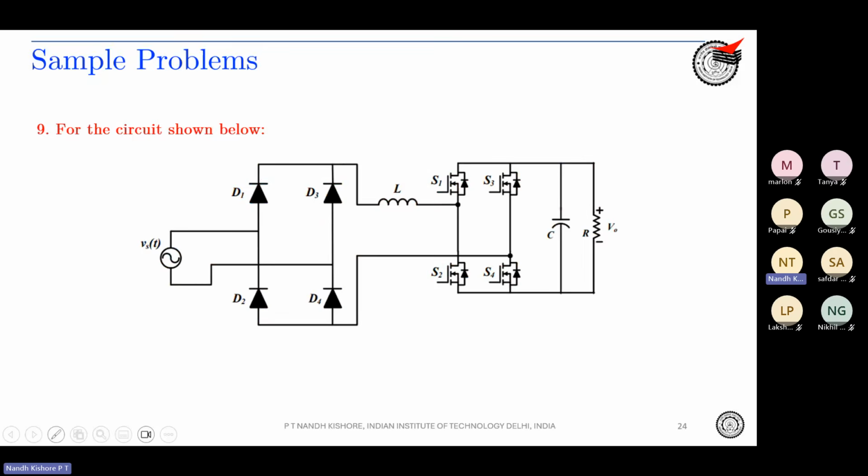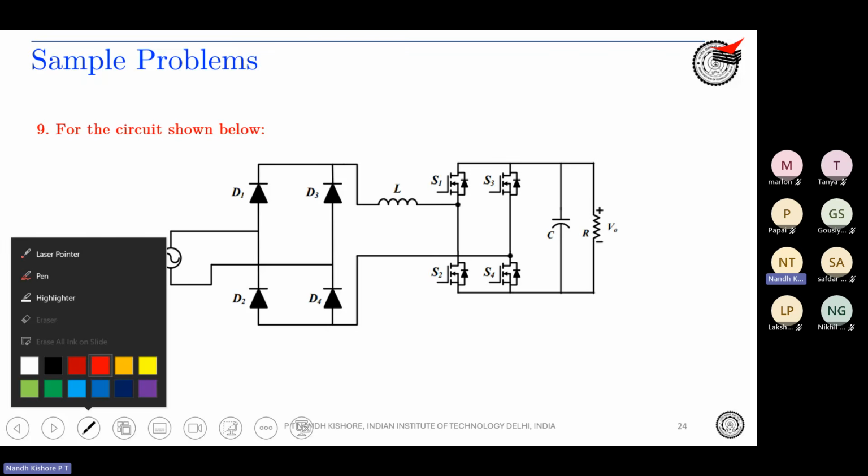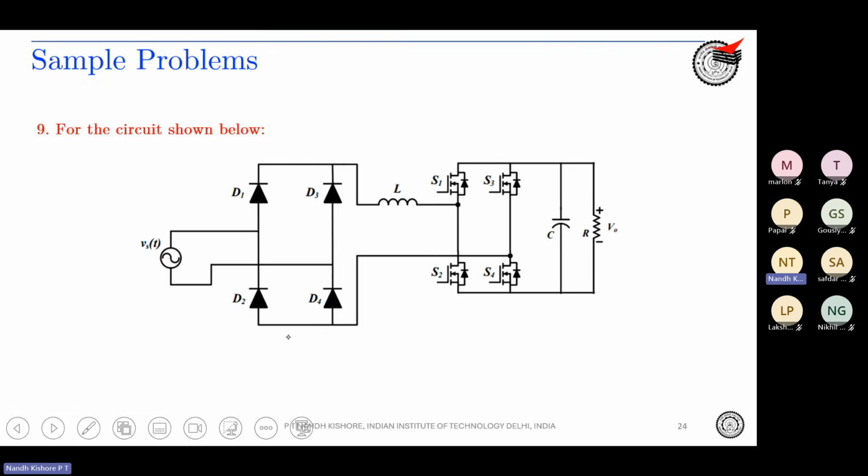So this is the converter. What will be the expression for duty ratio? S1 and S4 are turned on together. S2 and S3 are turned on together. As I was telling earlier, identify what is the charging path. There is a diode bridge rectifier, which means that the inductor current would flow like this. So L charging, what is the path?